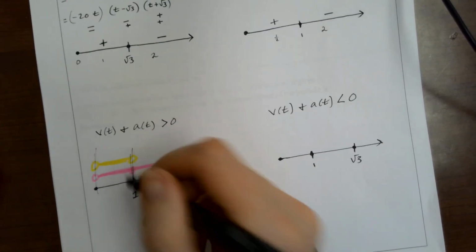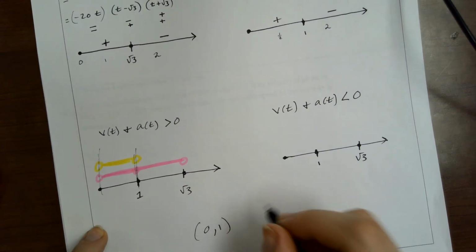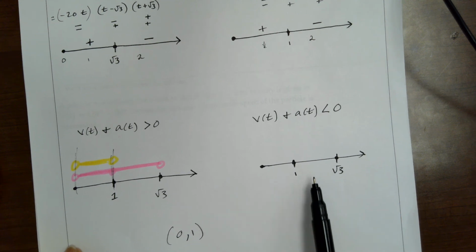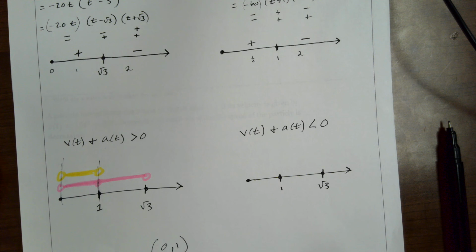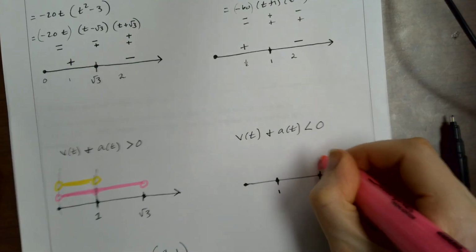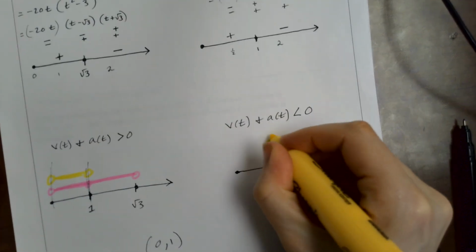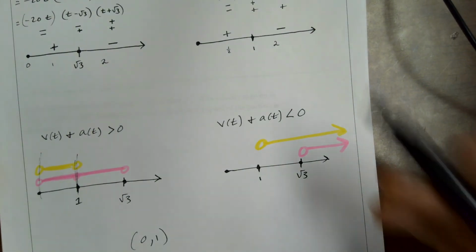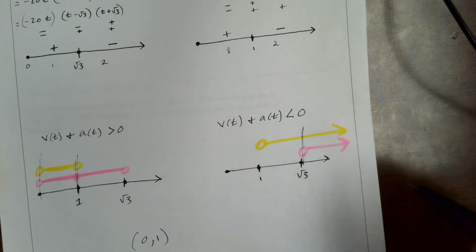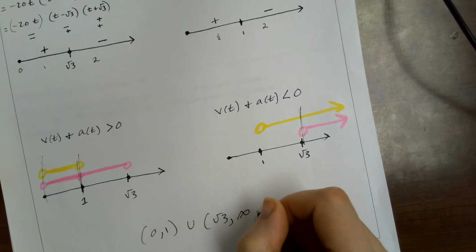So here's the overlap. So it's going to be from 0 to 1, and then we're probably going to have a union, all right, because here's where they're both negative. Velocity is negative from here on, and acceleration is negative from there on. So the overlap starts there. So it's going to be this union radical 3 to infinity.